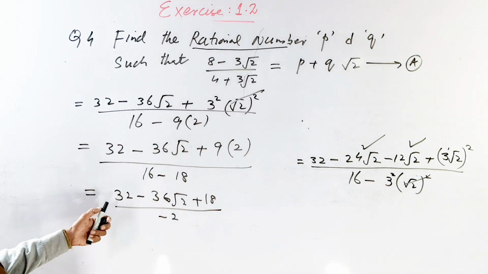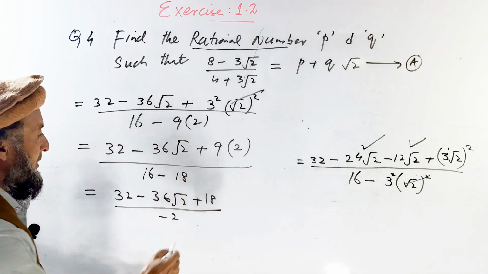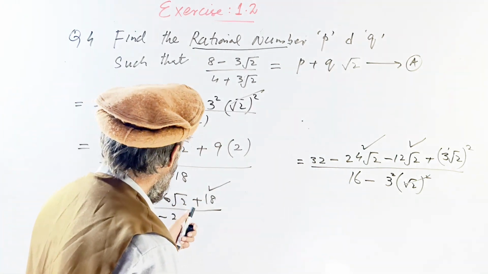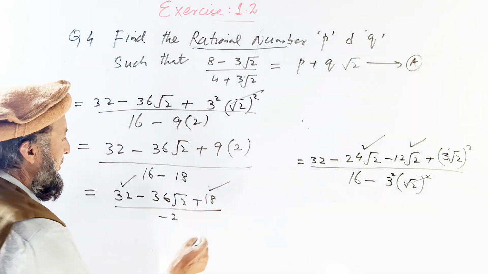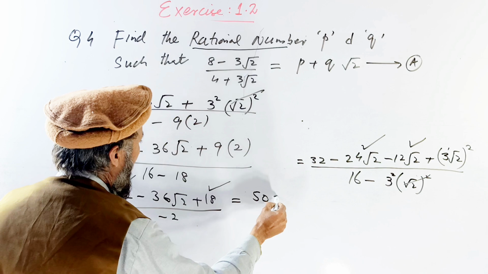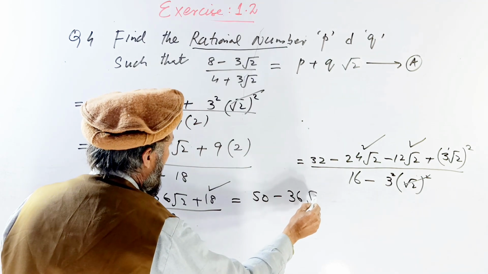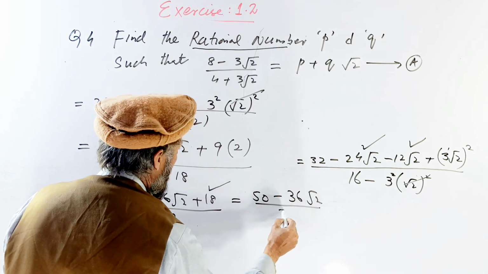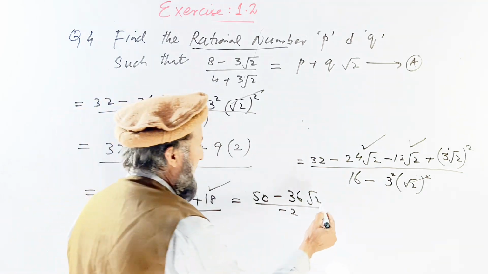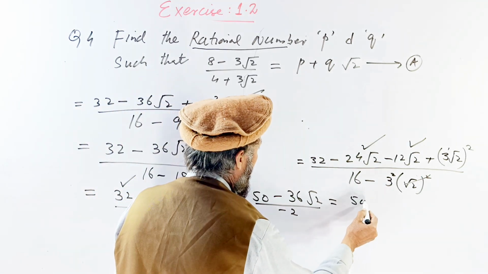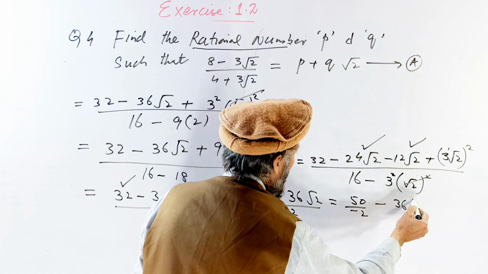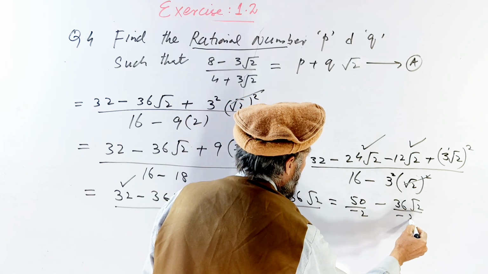Now look here, we add 32 and 18, giving 50 minus 36 under the root 2 divided by minus 2. That means we divide each term individually: 50 divided by minus 2 minus 36 under the root 2 divided by minus 2.